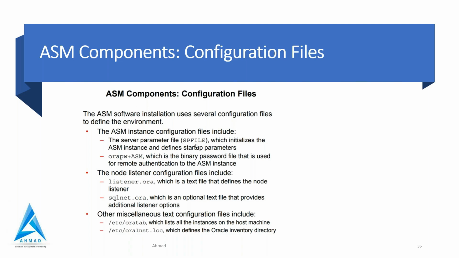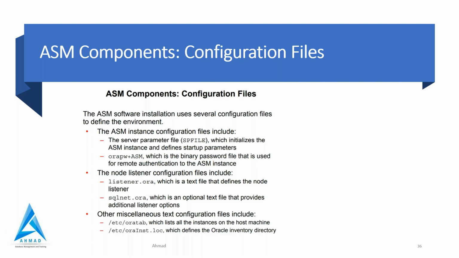When you install the cluster software or grid software, there are many configuration files that ASM includes. The configuration file is the SP file, which initiates the ASM instance and defines startup parameters, and orapw+ASM, the binary password file used for remote authentication to the ASM instance, and the node listener configuration files: listener.ora, a text file that defines the node listener, and sqlnet.ora, an optional text file that provides additional listener options.